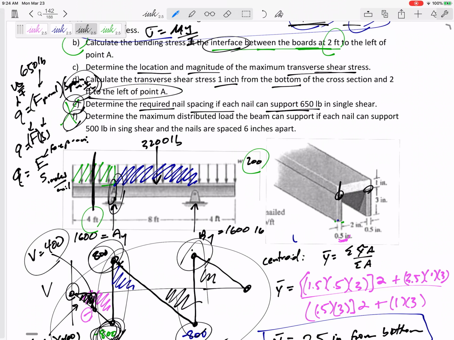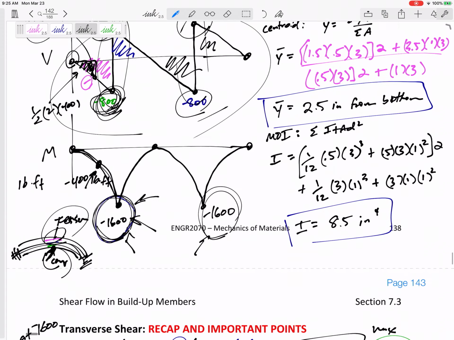The nails are nailed in here, right? These nails are nailed in, and they're keeping this together right here, right? So I need the Q right here at the interface where the boards are being held together.